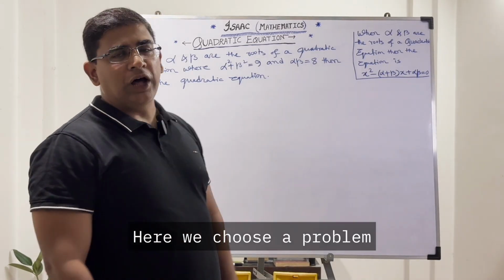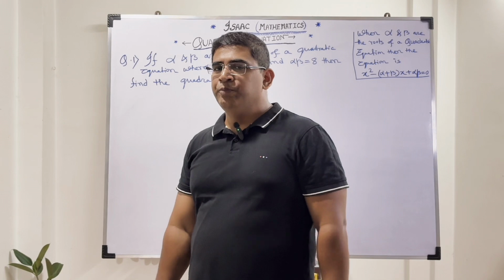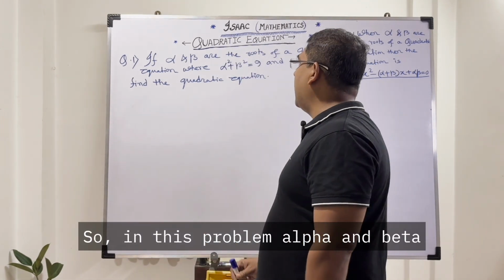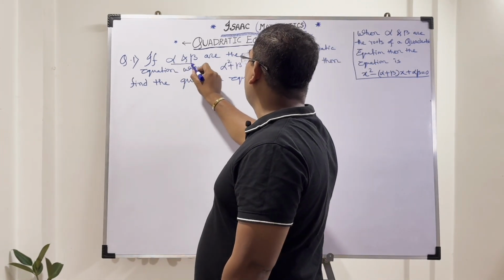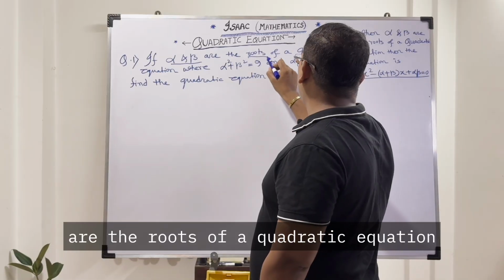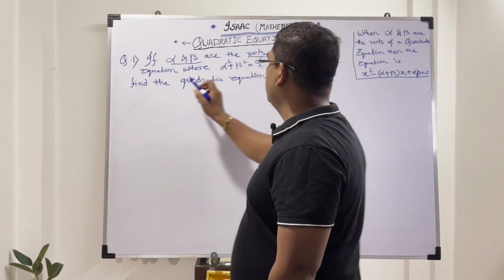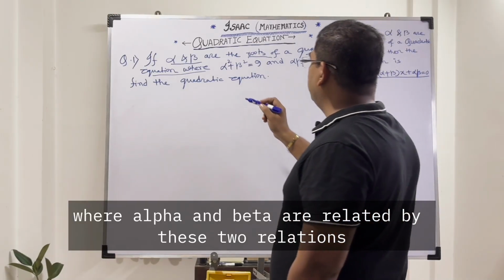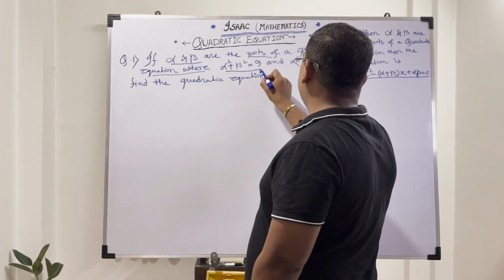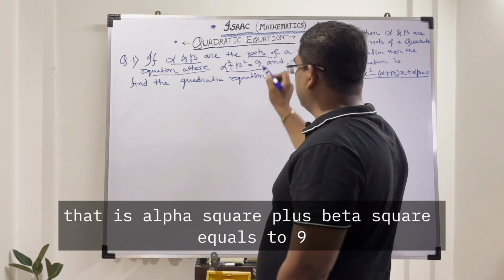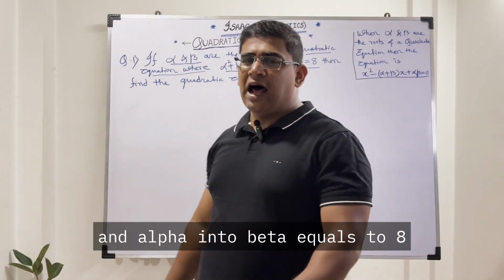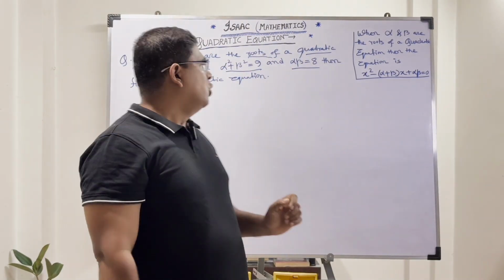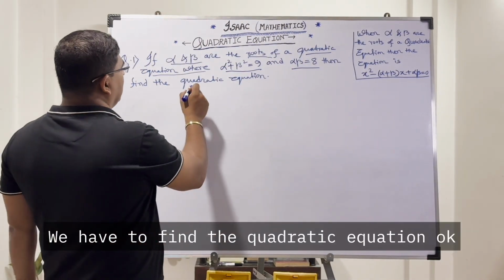Here we choose a problem. In this problem, alpha and beta are the roots of a quadratic equation where alpha and beta are related by these two relations, that is alpha square plus beta square equals 9 and alpha into beta equals 8. We have to find the quadratic equation.